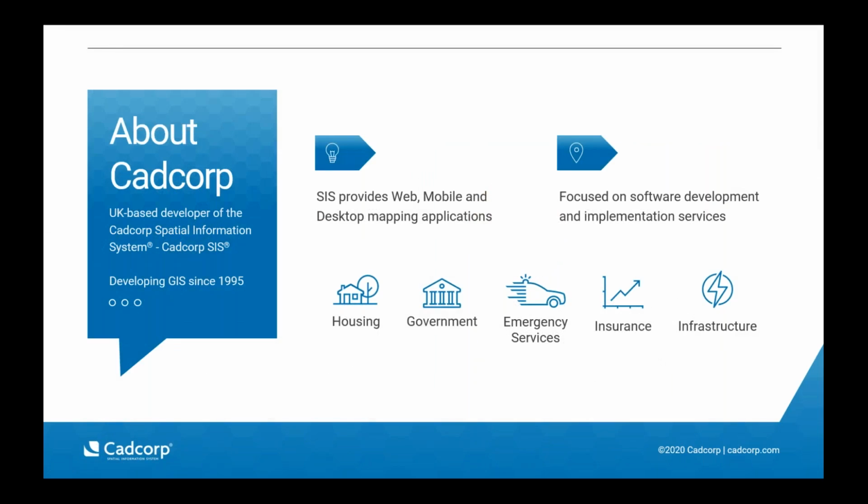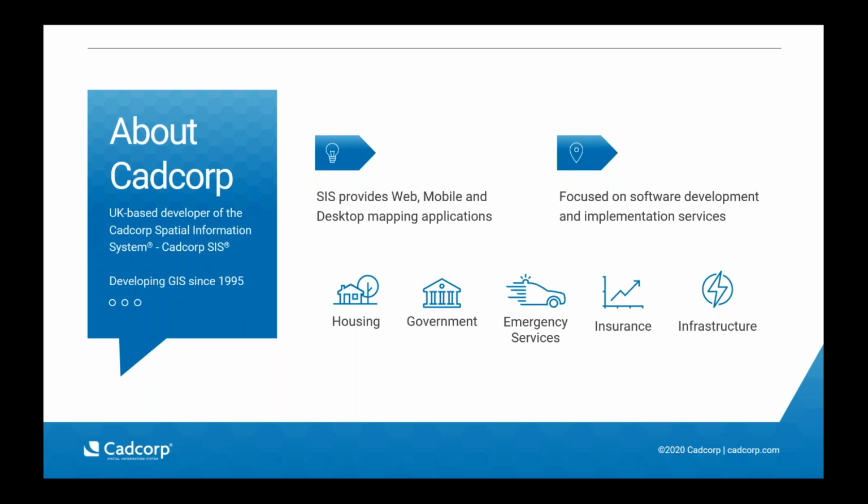Just looking through the delegates today, it looks like many of you are familiar with CADCORP. You know who we are and what we do. Many of you are CADCORP customers, which is great to see. But I know a few of you are new to CADCORP, so just to introduce the organisation, we're a UK-based software development company. We create the spatial information system.